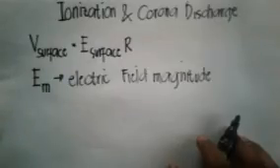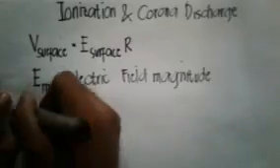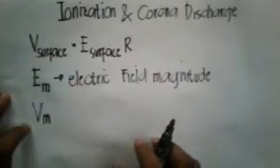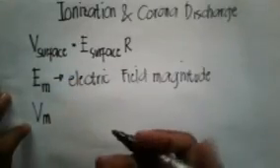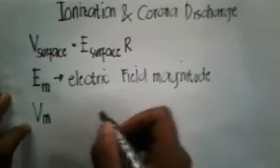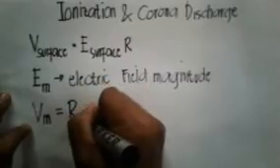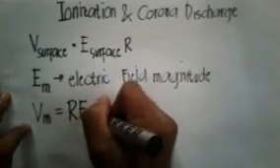Then the maximum potential to which a sphere conductor can be raised is equal to R times E sub m.